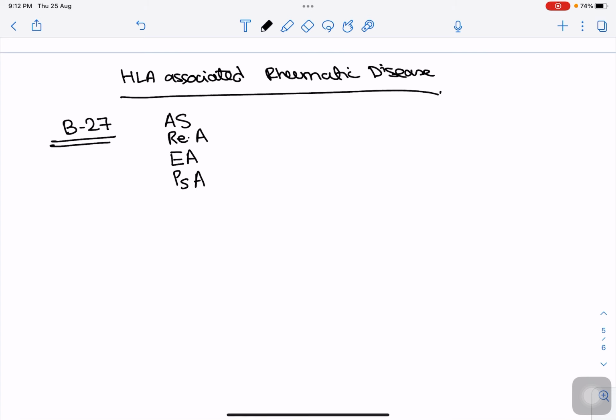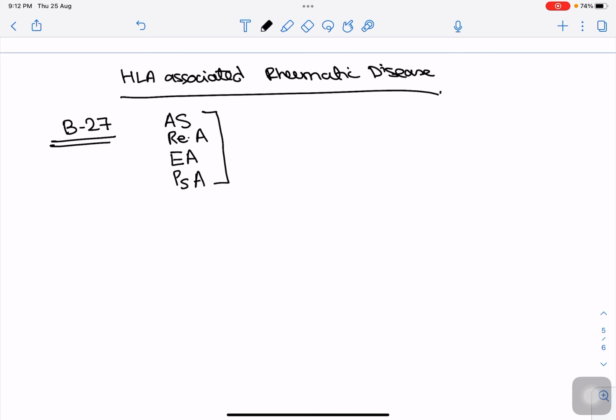So these are all seronegative arthropathies, and the relative risk is 20 times for developing ankylosing spondylitis and reactive arthritis. So if the person is HLA-B27 positive, most likely the person's condition is associated with one of the four conditions.